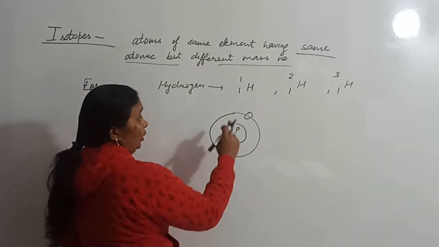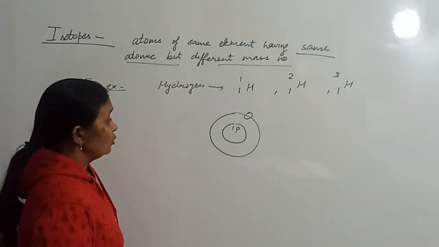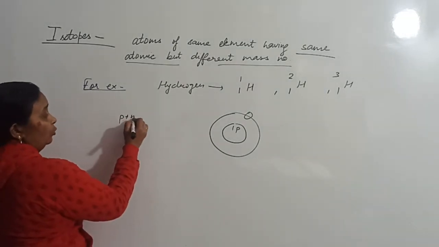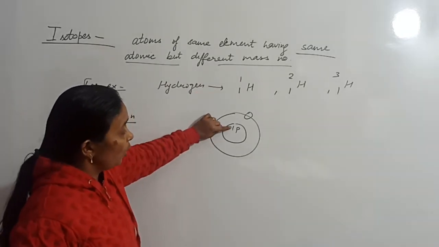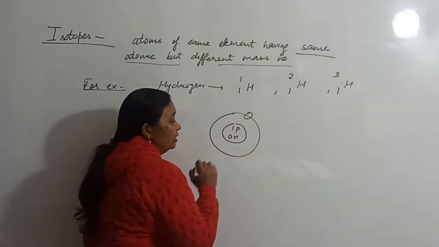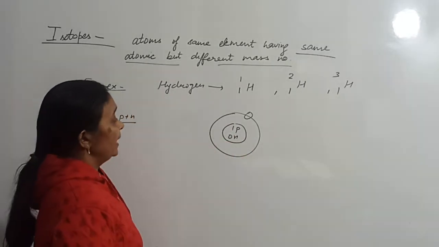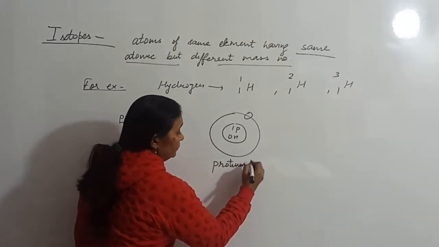And what is mass number? Mass number is also 1, and mass number is the sum of proton and neutron. So if the sum of proton and neutron is 1, and 1 proton is already present, that means there will be 0 neutrons in this. This isotope of hydrogen is known as protium.